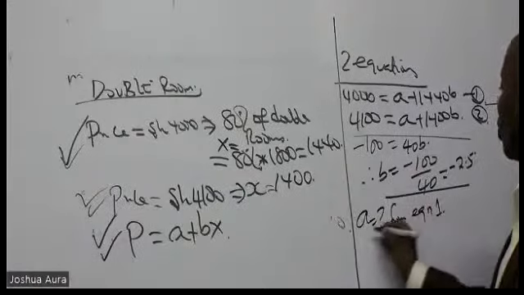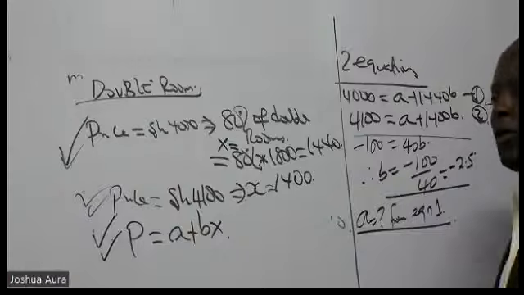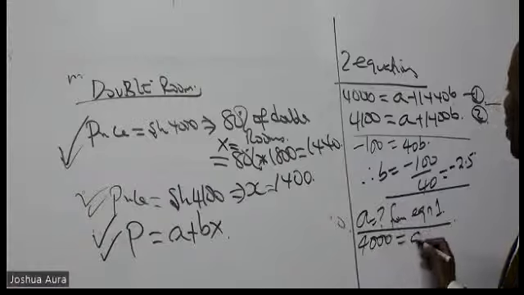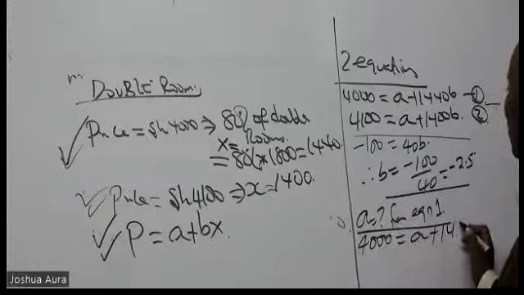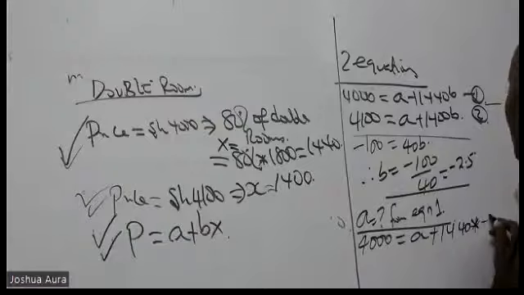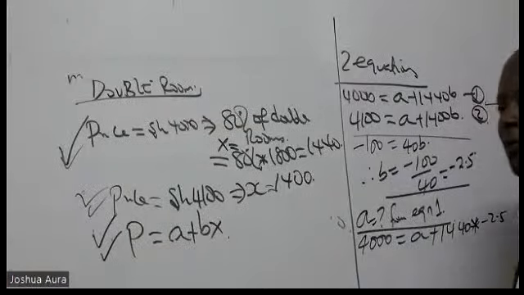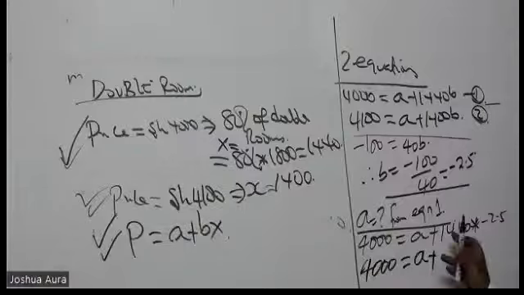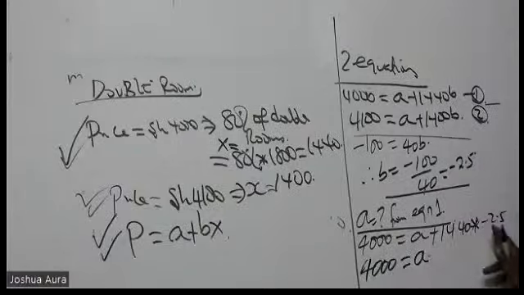From equation 1, we have 4,000 equals A plus 1,440B, and B is minus 2.5, remember. So 4,000 equals A plus, what is this times this? It will be negative.